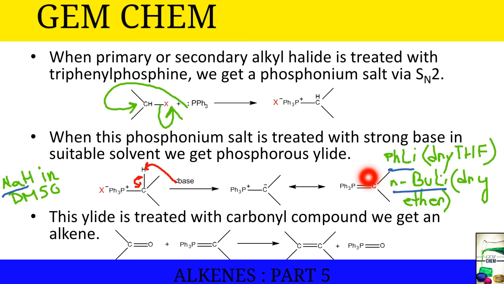Phosphorus has a d orbital and the lone pair gets conjugated. We also see that there is a reverse reactivity or inversion of polarity, that is, there is a negative charge over carbon and a positive charge over phosphorus.